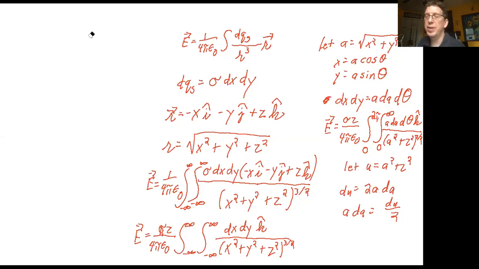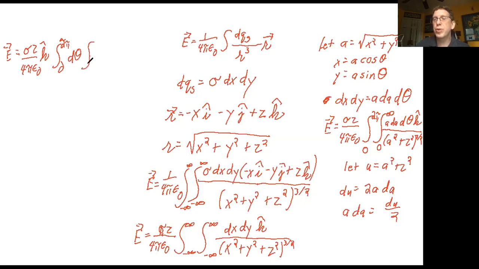So we have E equals sigma z over 4 pi epsilon naught, and we'll bring the unit vector out here. So that becomes the integral from 0 to 2 pi, and we'll put the d theta term here. Notice there aren't any theta dependent terms, so this integral is just going to become 2 pi.